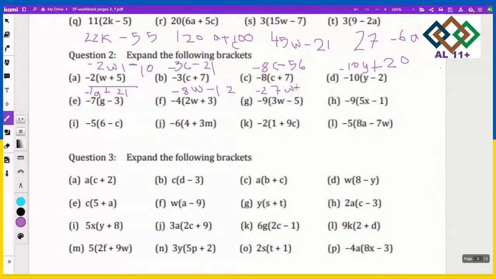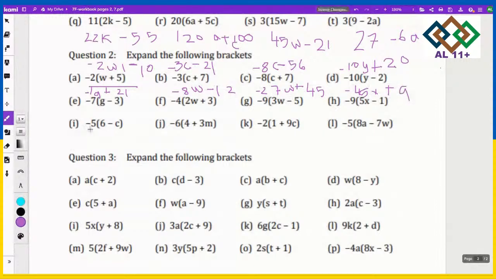Minus and minus will become a plus 45. Then you have H, that is minus 45x, and your minus and minus will become a plus 9.